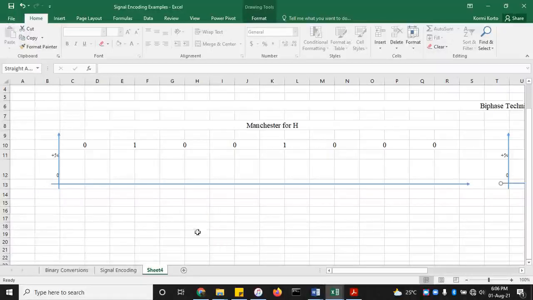So let's go through. First, the rule for Manchester states that zeros always have a high voltage start, but they transition mid-bit. All the sequences have a transition mid-bit.